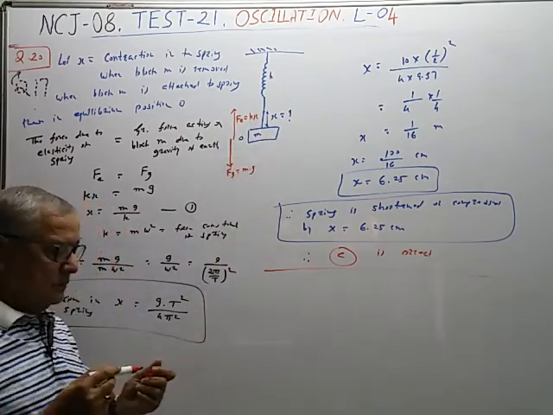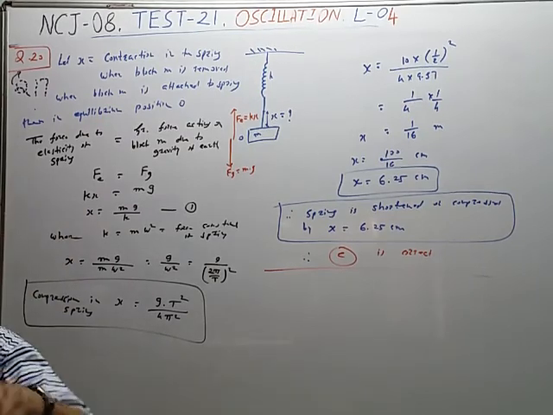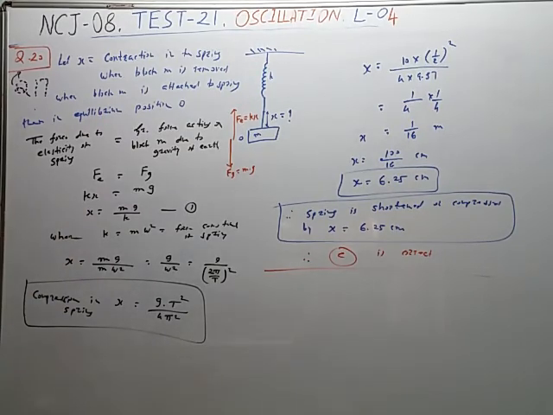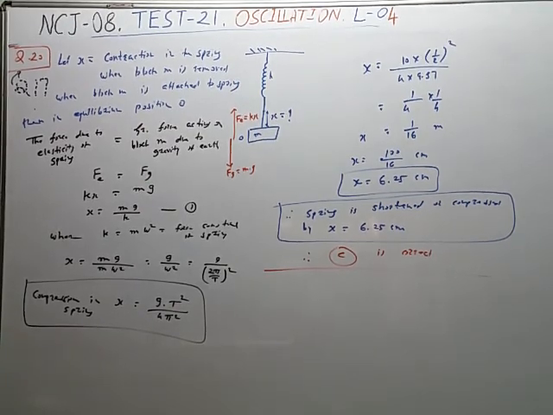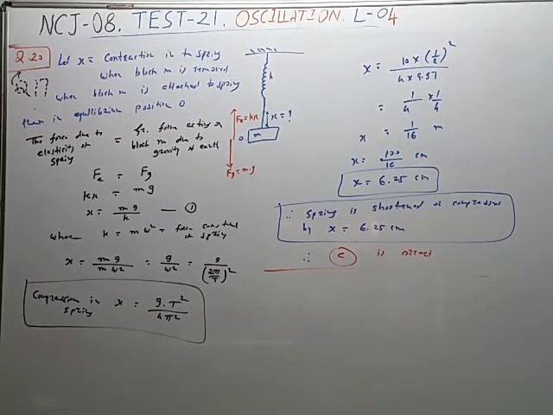Actually it has minus sign like this. So Fe and this Mg, they balance each other, and therefore this is called the equilibrium position. So the net force acting on the block is zero. So in equilibrium position, the extension produced in the spring is x. Now if the load is removed, the spring will shorten by x. So the formula remains the same, whether it is an elongation or whether it is a shortening of the length of the spring like this. Okay, we will stop here.